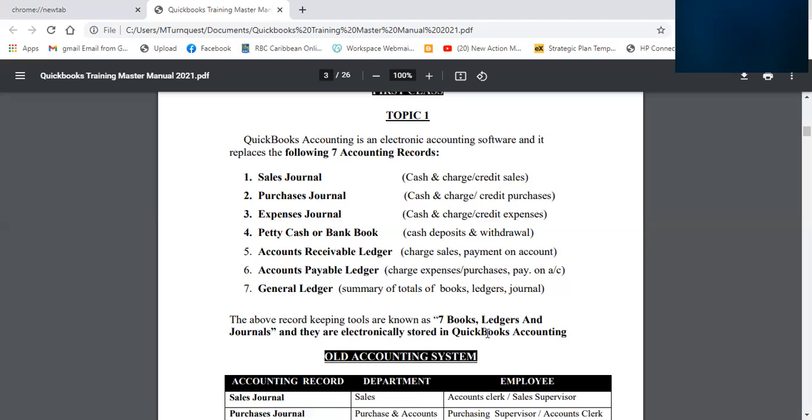And write this down. I want you to do homework on a separate piece of paper. I just want you to Google all of these journals, petty cash and bank expense journal, all that, and write 3 sentences on each one of these journals, books, and ledgers.